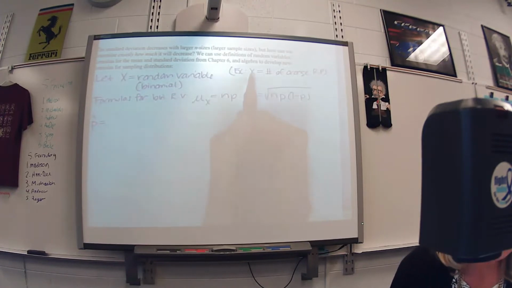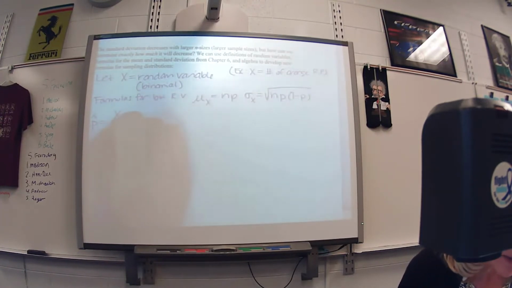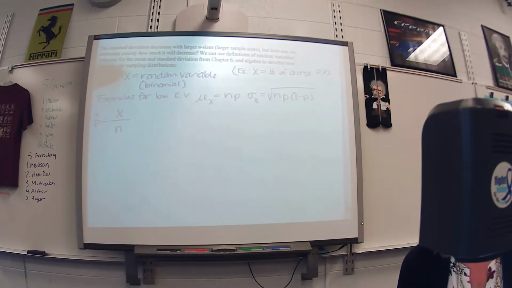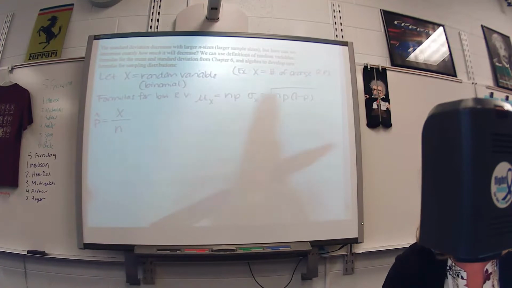Well, if x is how many I got, I would have to divide by how many I drew. This was the math you were doing on your poker chip example. But if x is a random variable, I should be able to apply these formulas in here.